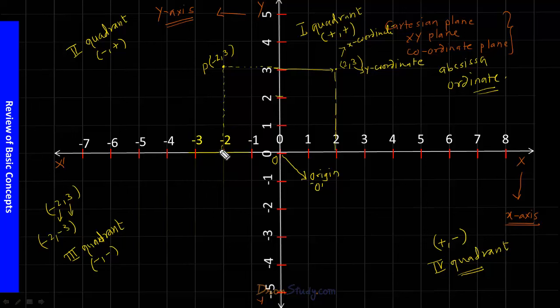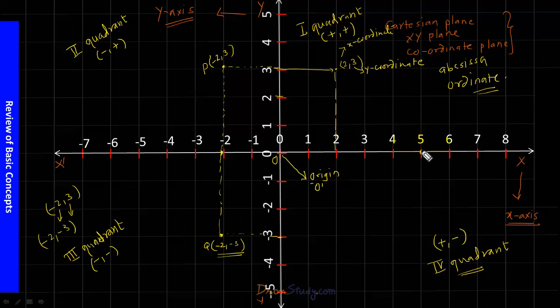And -3, the distance from the x-axis, will be here. If you draw dotted lines like this, they will meet here, and this point will be the required point. If this is Q, then it will be -2, -3. This way we can plot points on the Cartesian plane.